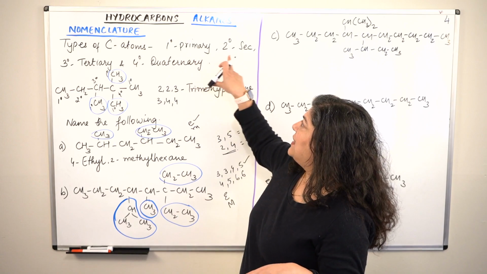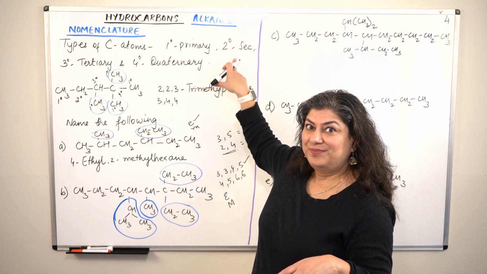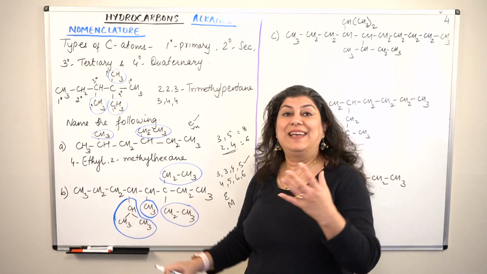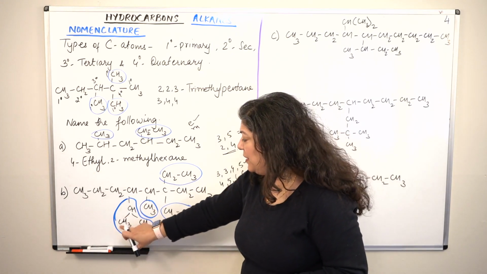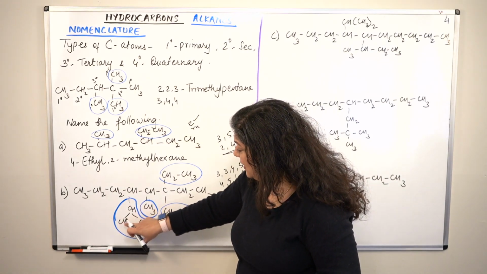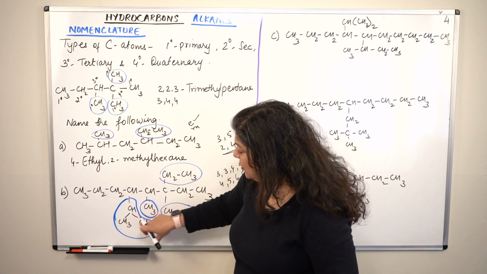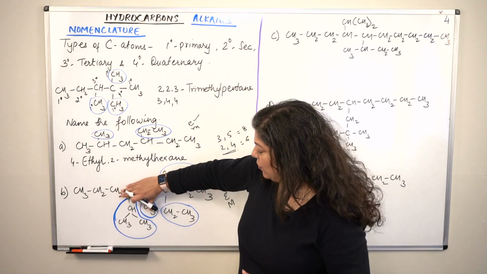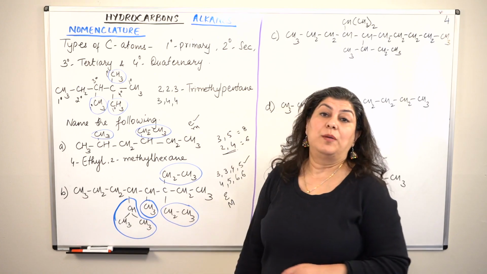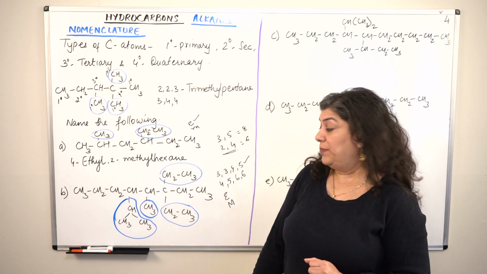You can also call it a secondary propyl group, because it is the second carbon which is attached. If we are only looking at the group, this carbon is attached to 2 other carbons. So it is a secondary propyl group.